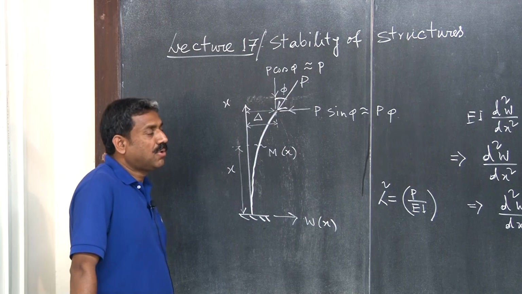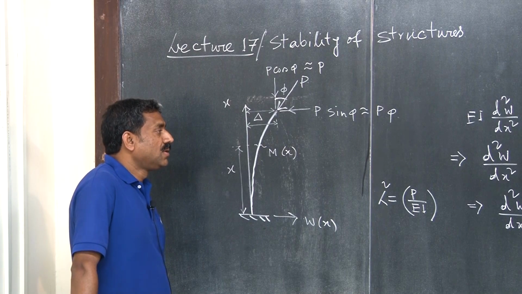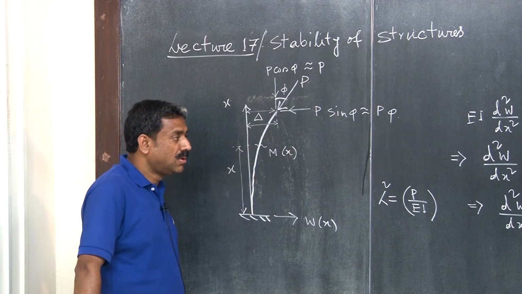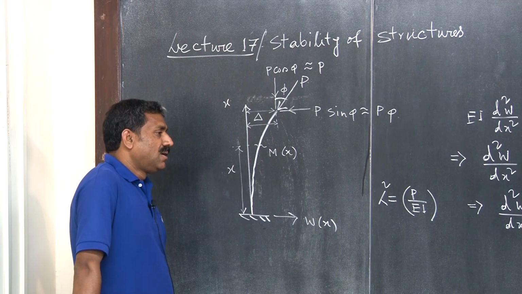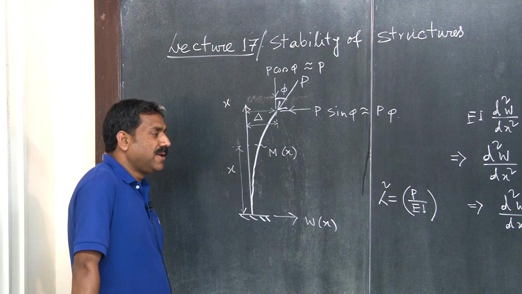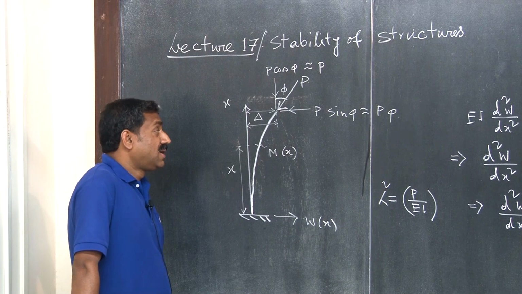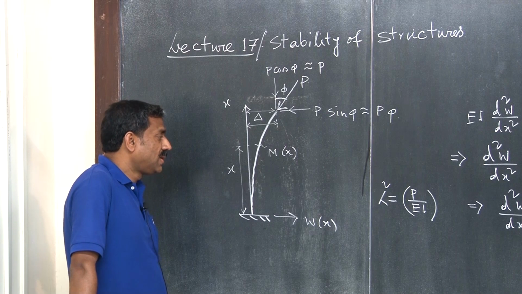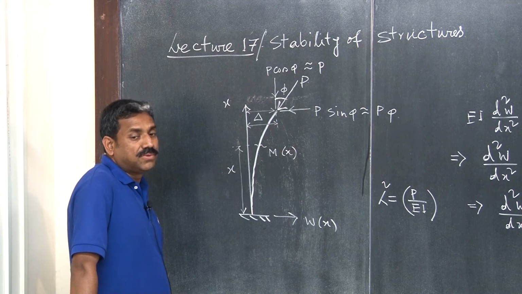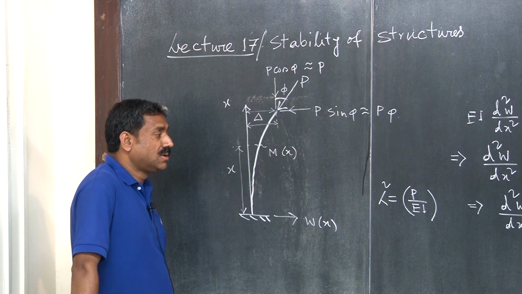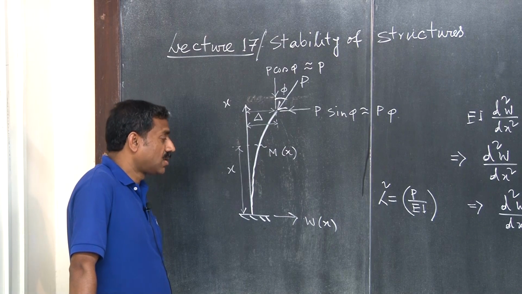Till now, whatever we have considered, all the forces were conservative forces, which were not causing any dissipation. But here, in this problem that we are currently looking into, this force is non-conservative. I will explain to you why the force is non-conservative.